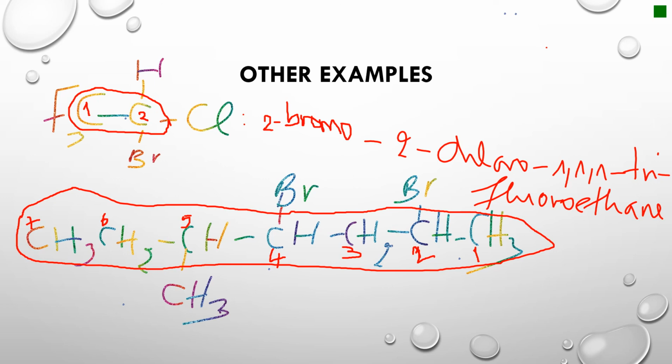After numbering the parent chain, we identify the substituents, which are 2 bromine atoms and 1 methyl group.